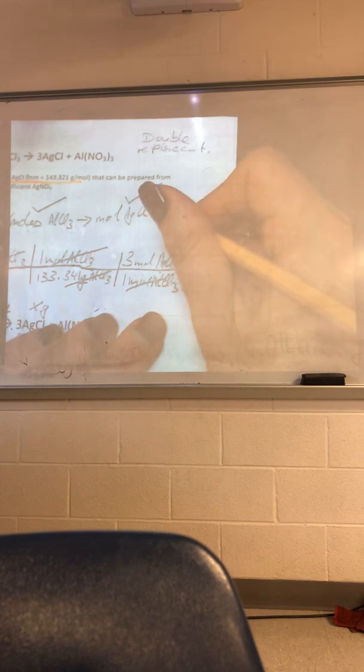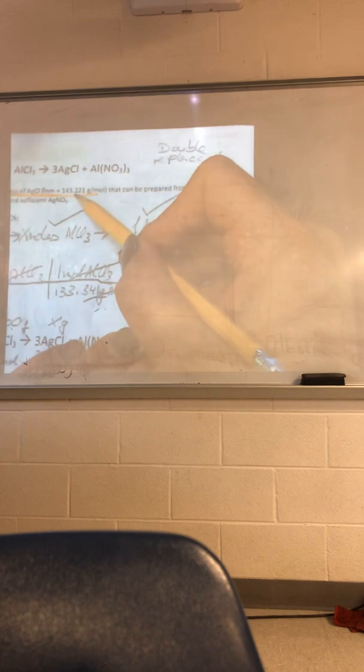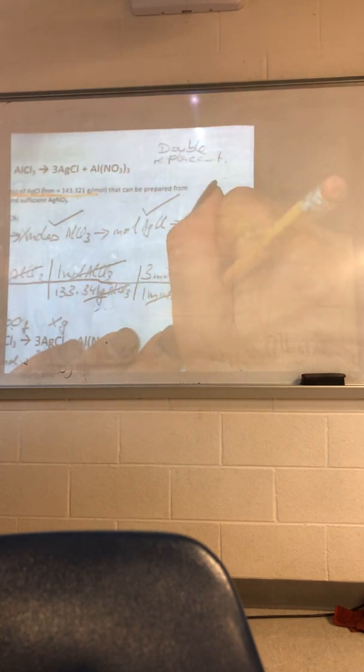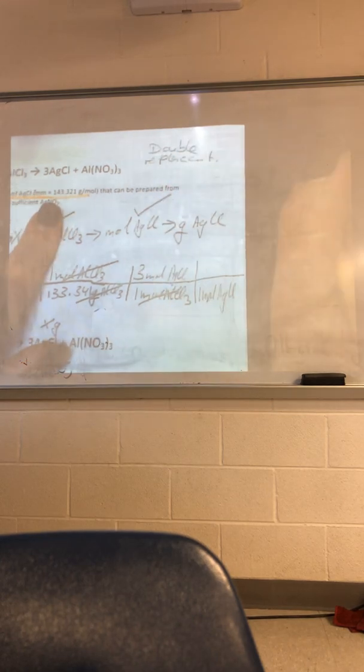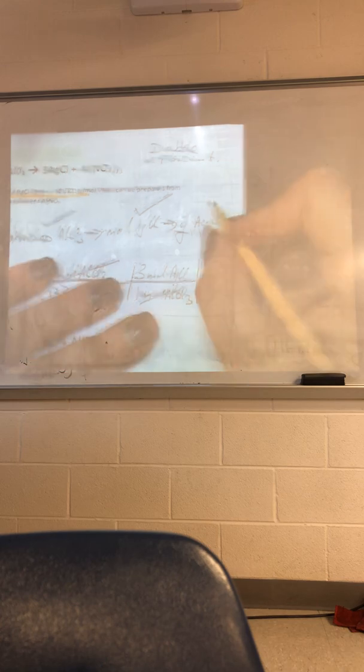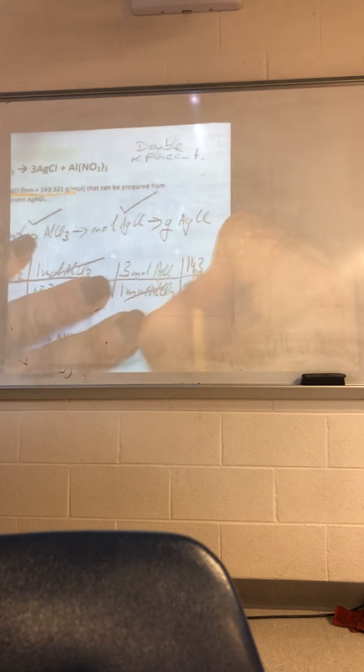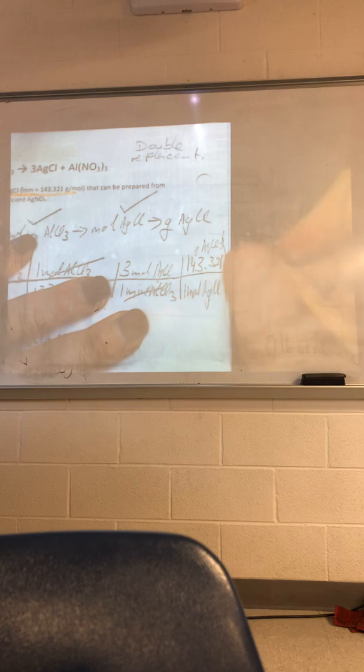Go to grams, and you find that right here, right? So you can say, okay, 1 mole of AgCl is how many grams, class? 143.321 grams of AgCl. So far, so good, class?